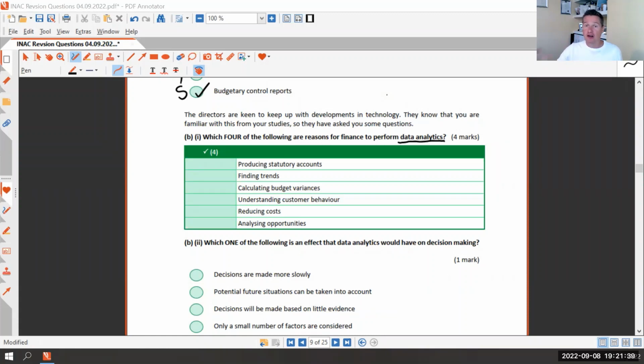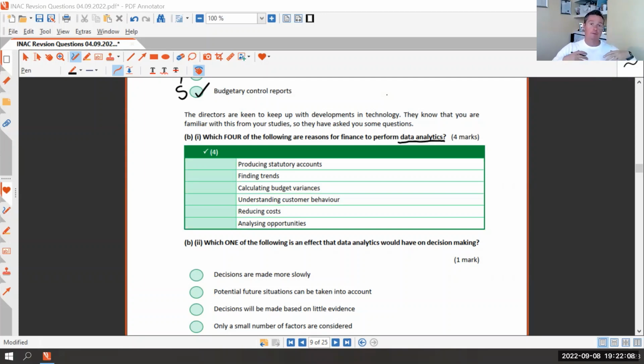Now, you don't need to know definitions verbatim in this unit. Well, you don't need to know definitions in life. Life's too short for that. You need to know what it does and what its goals are. It's less of a calculation type thing, and it's not just here's a variance, here's a KPI.